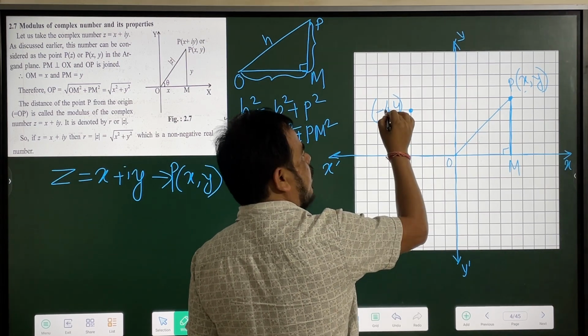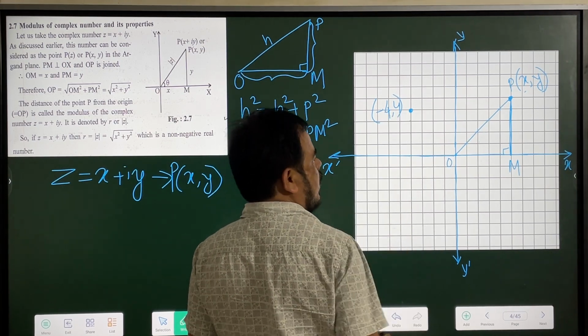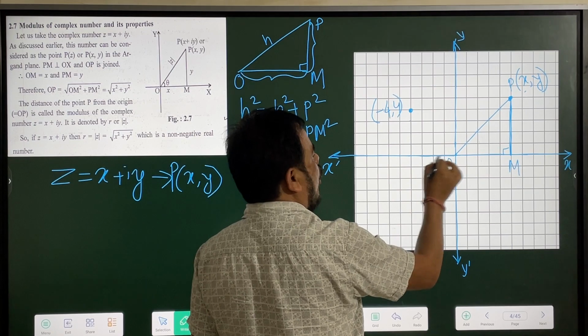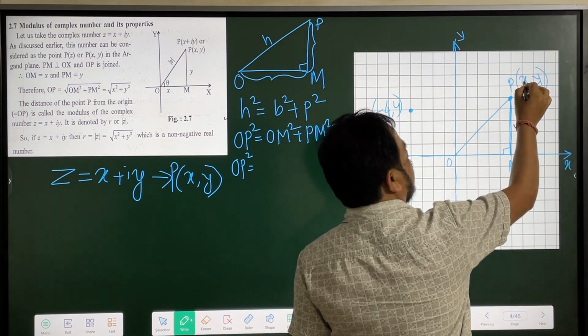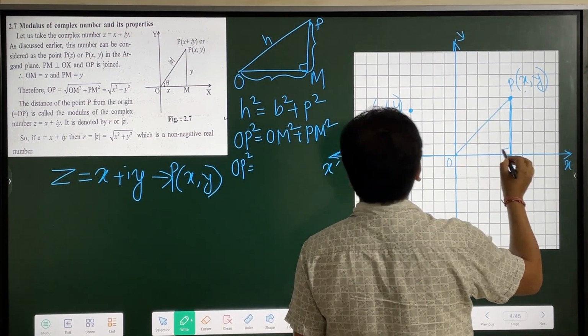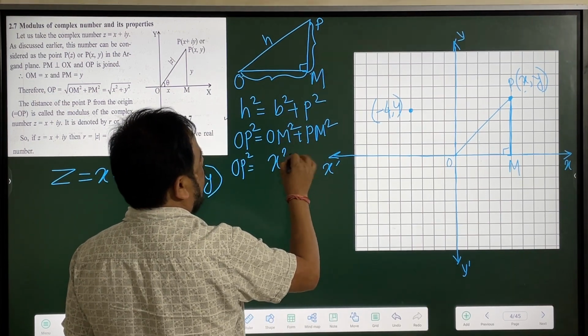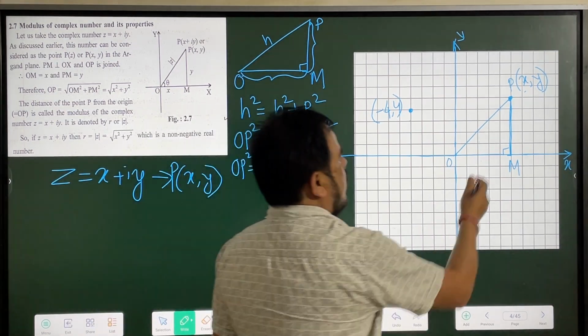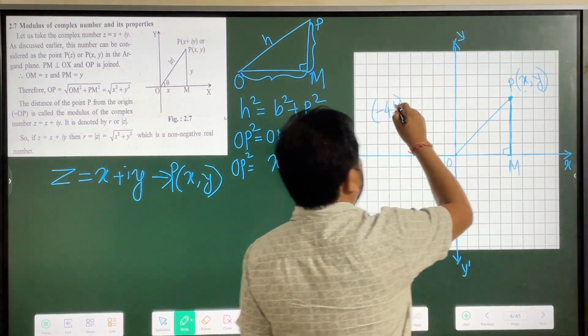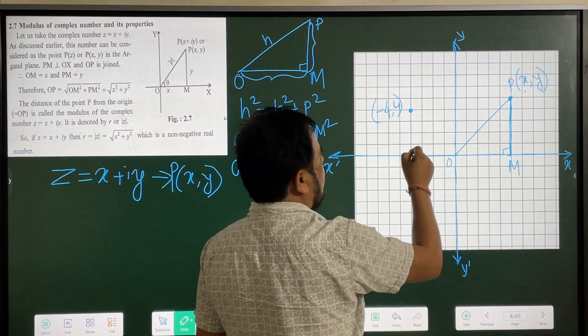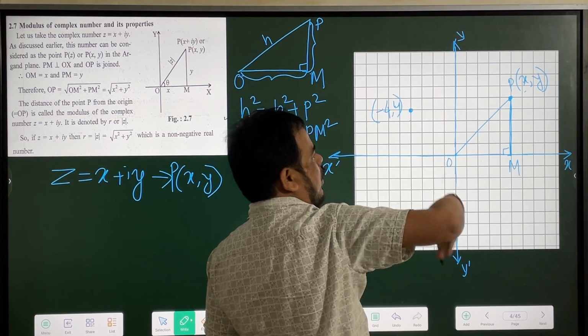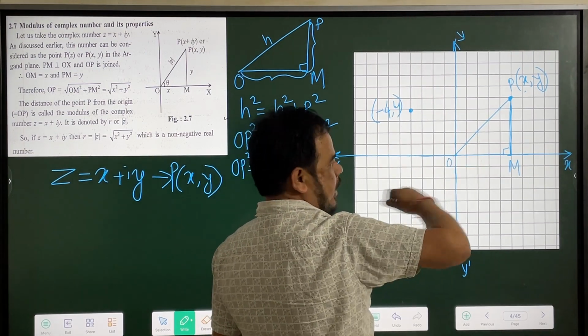So that is where the first number comes. The first number is the count along the x-axis. So that means OM is x, so OM square is x square, plus PM. The second number is the count along the y-axis. These are all y-axis and these are all x-axis.